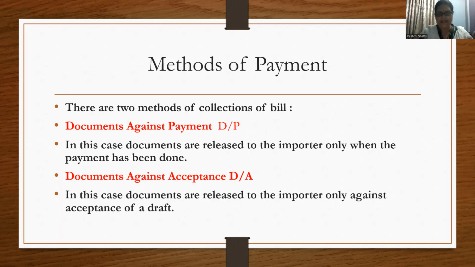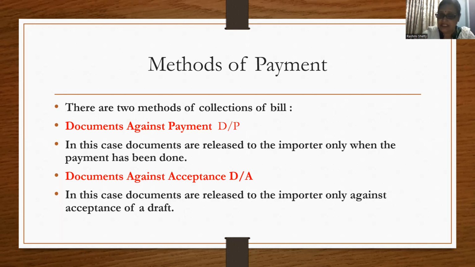Very simple. A ship may take 1 or 2 months to reach the importer's port. In that time, he will first make the payment and take the documents. One of the documents is the bill of lading. He will take it to the port and collect the goods by showing that bill. That's all. So now the exporter gets the payment for his work done.